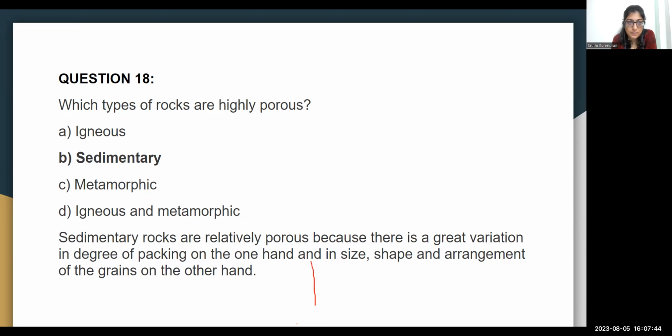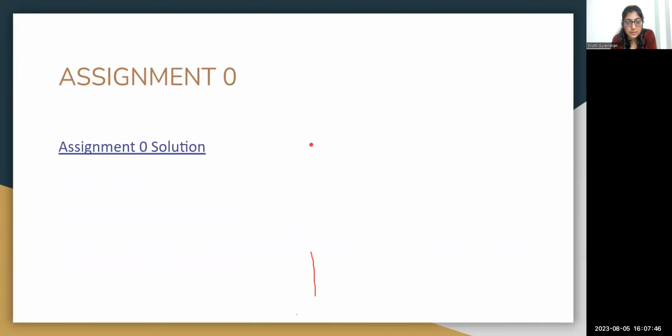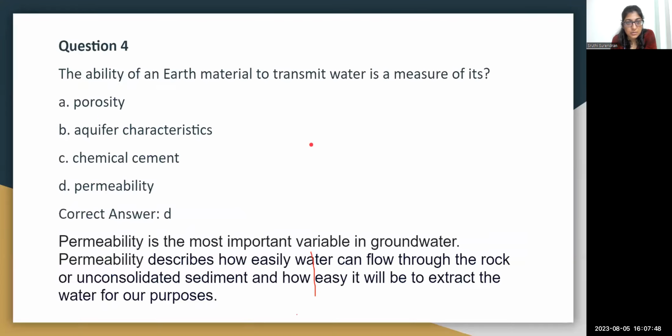Now we'll do some problems that were provided in assignment 0, related to this portion. Question 4 in assignment 0: the ability of an earth material to transmit water is a measure of porosity, aquifer characteristic, chemical cement, or permeability.